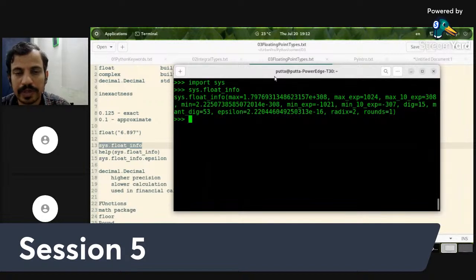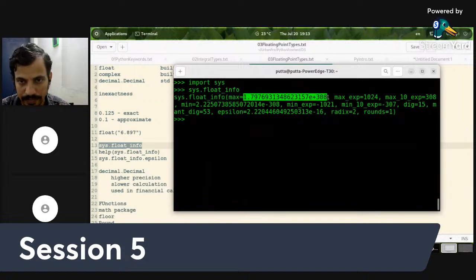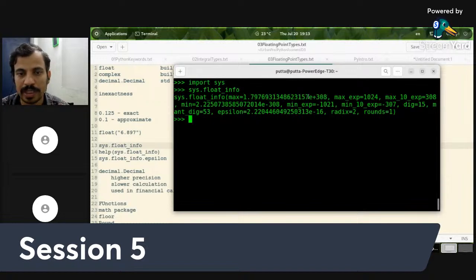Are you getting this kind of an output? This says what is the largest number that you can store on your computer. It is 1.797 something multiplied by 10 power 308. You can imagine how big a number that is.